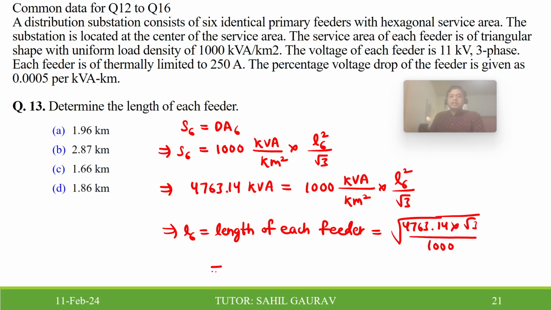This will become under root 8.250 divided by 1000. So we will get 8.25, so it is coming as 2.87 kilometer. So B is the correct answer.